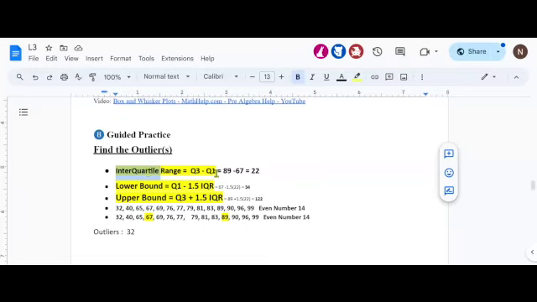So you're looking at quartile 1 and quartile 3. Take away quartile 1 from quartile 3, because quartile 3 is always the bigger number. You cannot say quartile 1 minus quartile 3, or you're going to get a negative. So here, quartile 3 is 89, quartile 1 is 67, subtract, you get 22. So that's the range.